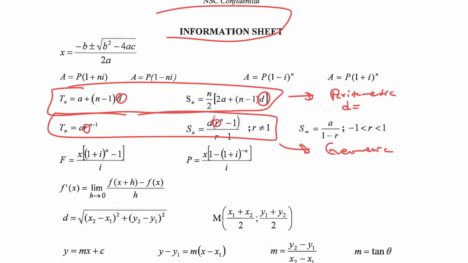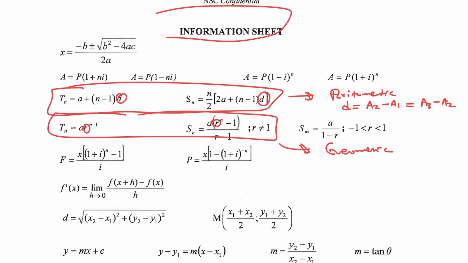So the difference, second term minus first term, should always be equal to the third term minus the second term. I'm saying A here because we're doing areas.